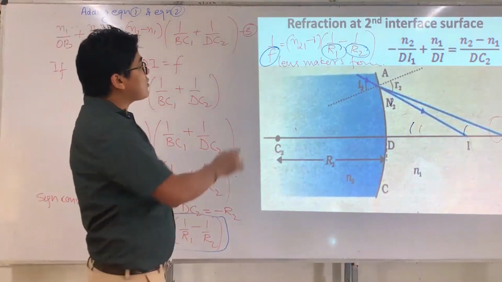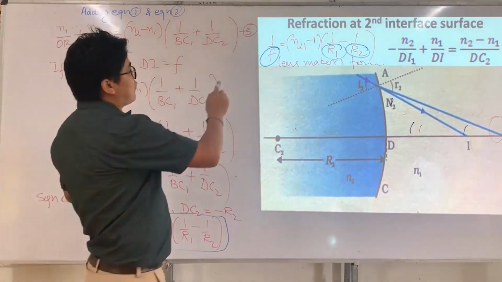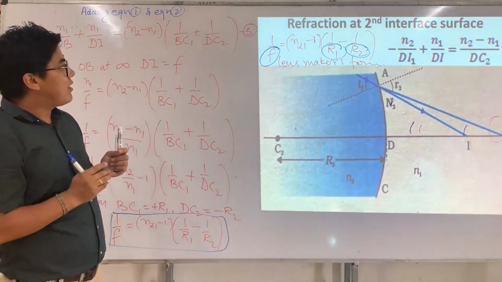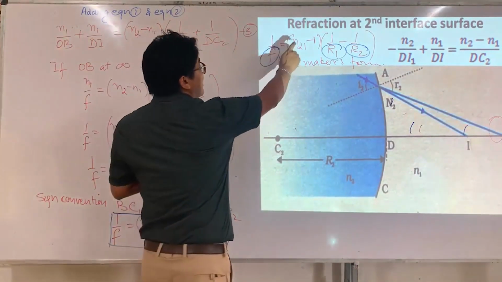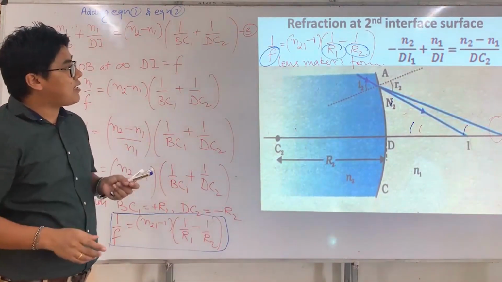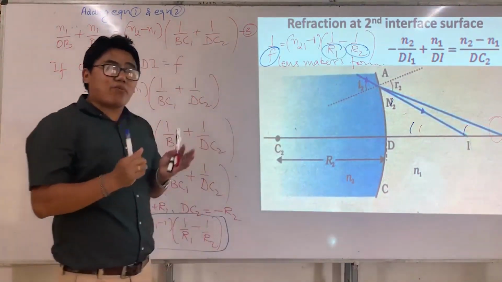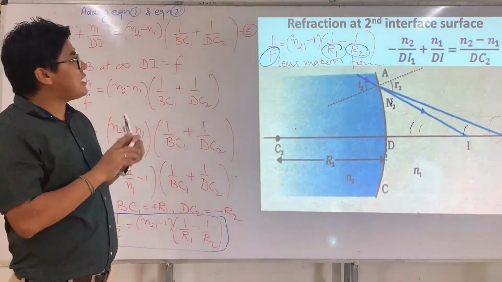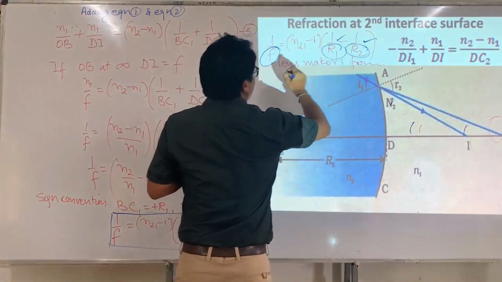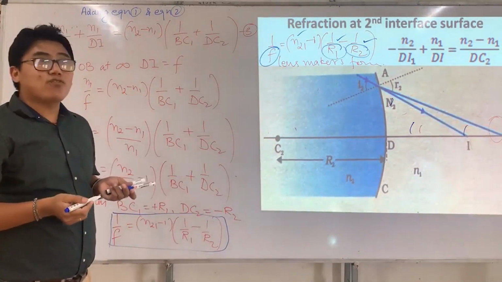In this equation, focal length is the final aim to achieve, N21 is the refractive index of glass with respect to air, and R1 and R2 are the curvatures of the two surfaces. So if I change R1, R2 and N21, we can change the focal length.